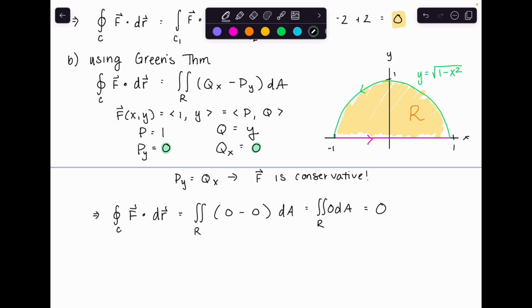Which is exactly what we got in the regular sense of doing this without using Green's theorem. But it took us almost no work to go about this. So we still end up with exactly the same answer, which is fantastic. Okay, so see, this takes 3 lines or 5 lines, whatever this is, versus going through 2 separate line integrals.